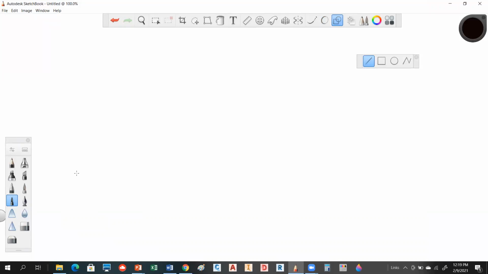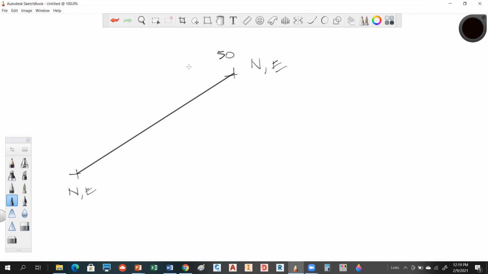So here's an example of a direct routine or an inverse routine. Let's say that's a line, and we have a coordinate here of a northing and an easting. So we know these. I know that point and I know this point. Let's say this is point 50 and this is point 51.